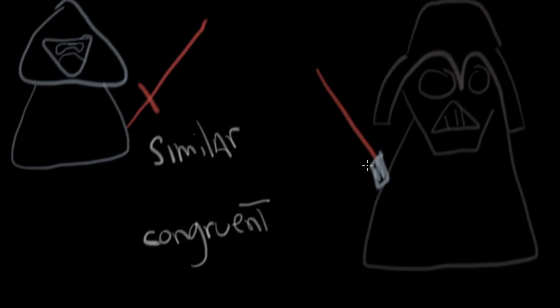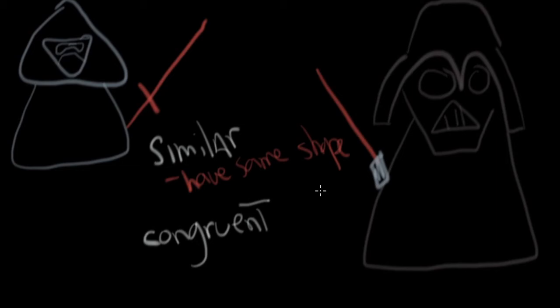So what is it? Figures that have the same shape are similar. So if you're similar, you have the same shape. Okay, you have the same shape. Great. To be congruent though, you also have to have the same size. That's the big difference here.